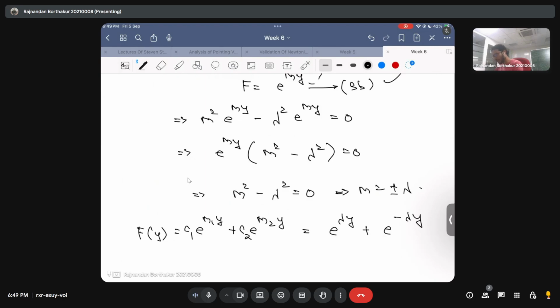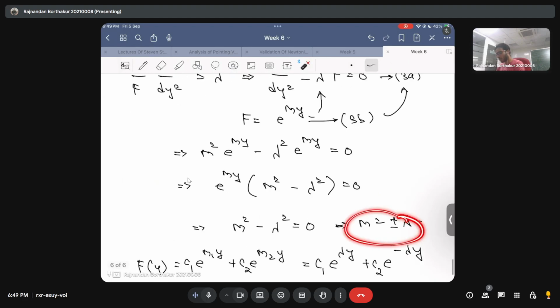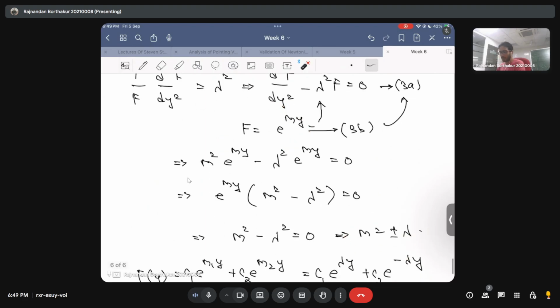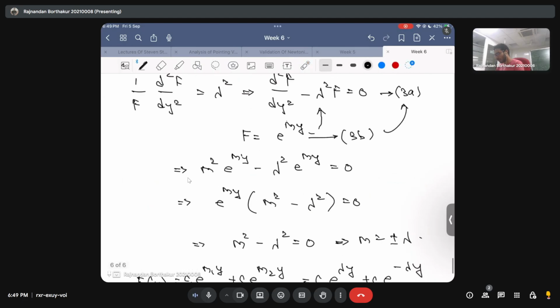So this will be C1 times e power m1y, with m1 equal to lambda, plus an arbitrary constant C2 times e power minus lambda y. So that's the solution for f of y.